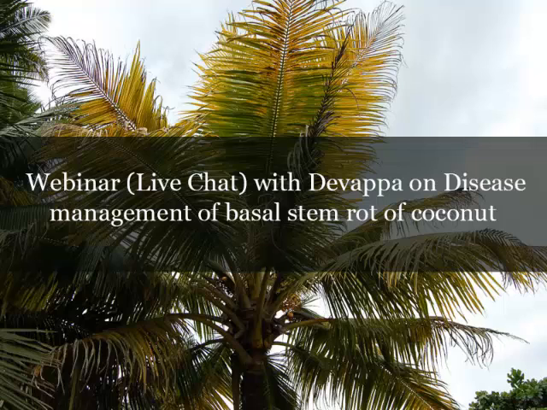Now, regarding symptomology, Ganoderma wilt is a soil-borne plant pathogen. It starts infection on various parts. This organism is present in the soil, and the disease first starts in the root system.